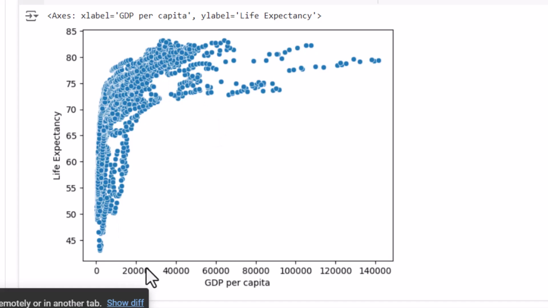Because if you see the scale of the GDP per capita, you will see that the curve is crowded at one place, right? Within particular values of GDP, and the scale is not matching, right? And outliers are lying somewhere here, and it is resulting in a curved relationship.